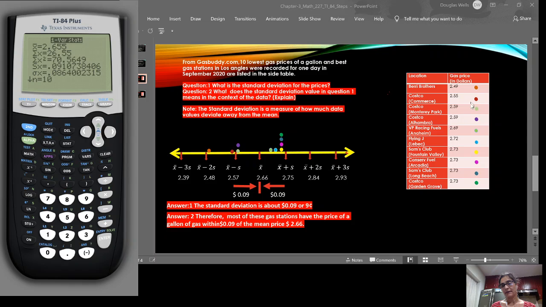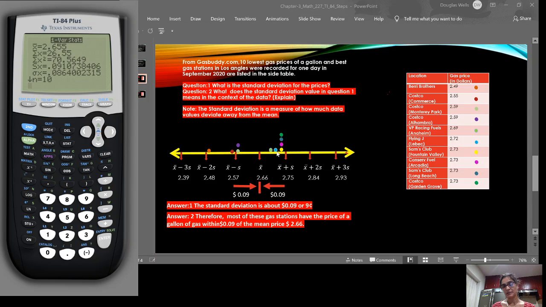So what I did, everybody, is I took these colorful dots and placed them on this chart I created, approximately. The first gas price, 2.49, is a little above 2.48, so I placed it here. The second value goes here. The third and fourth, I stacked them up because they were the same.